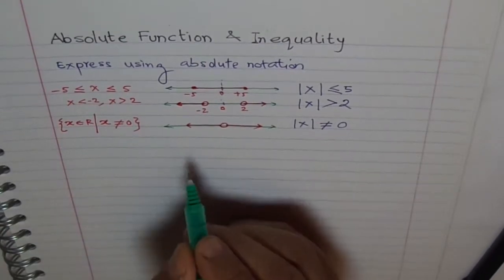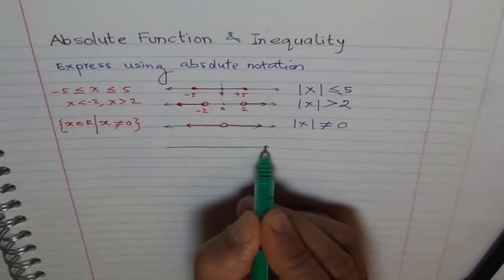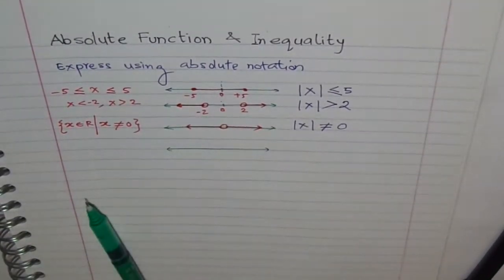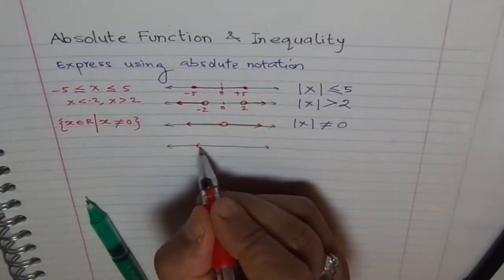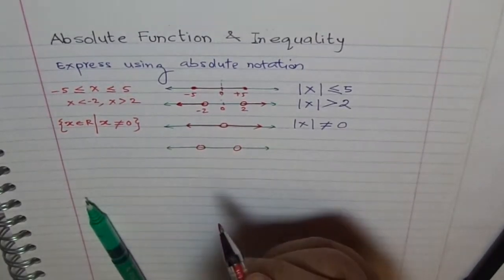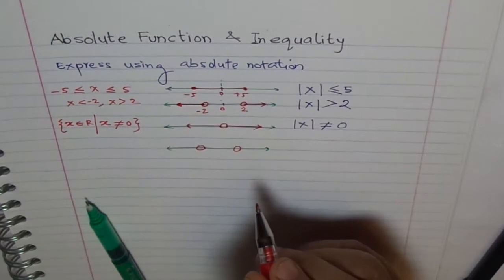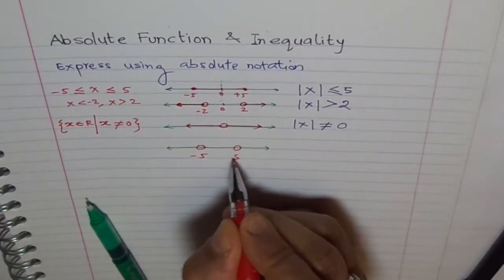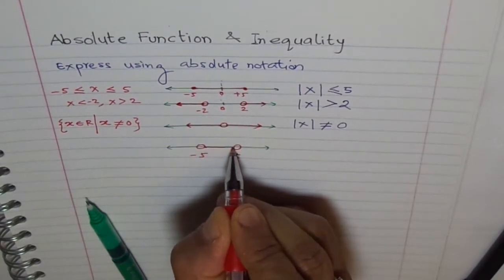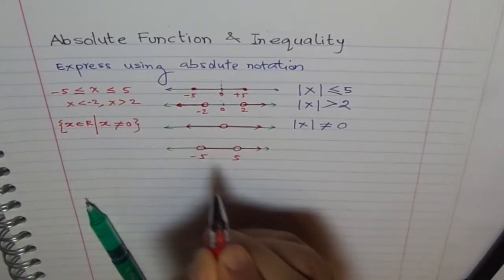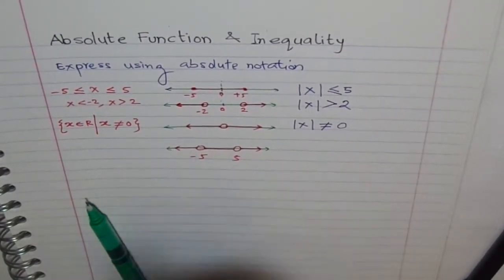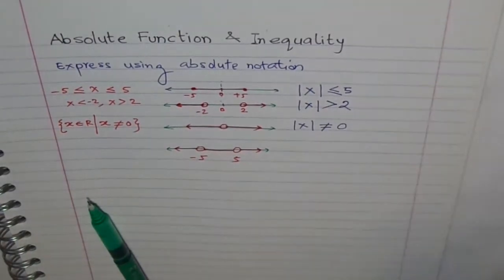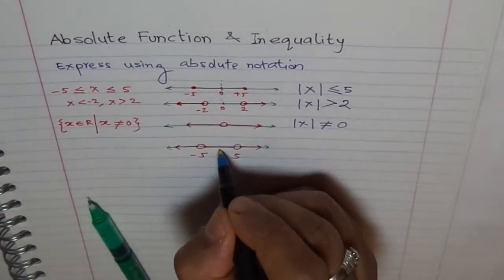Okay, let me take few more examples with you. If we have this number line and we want to say that we are interested in everything but 5 or minus 5. Let's say this is 5. So our domain is everything but not 5. How can you represent this as an absolute function? Well, the center value here is 0.